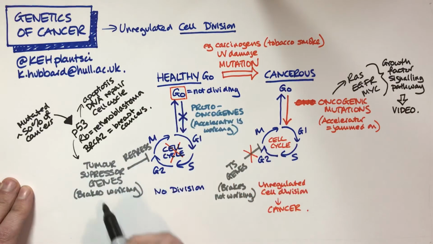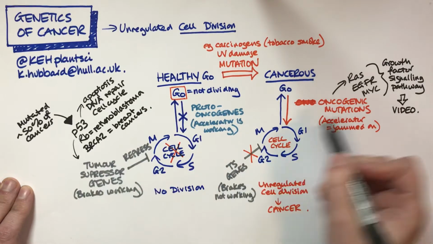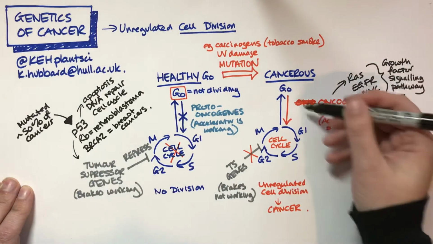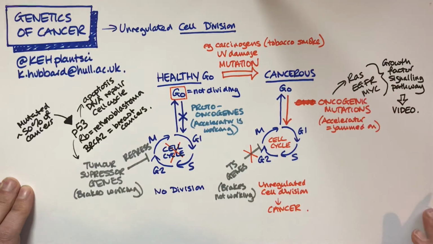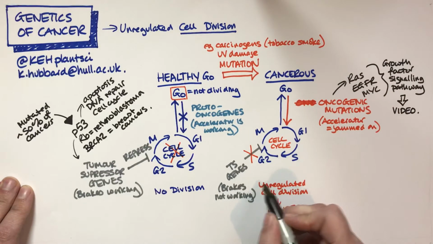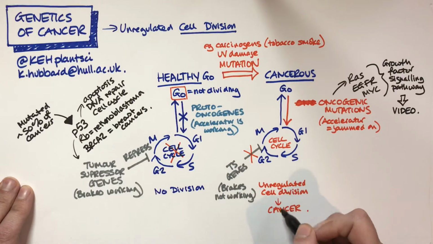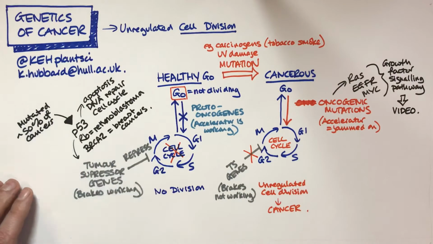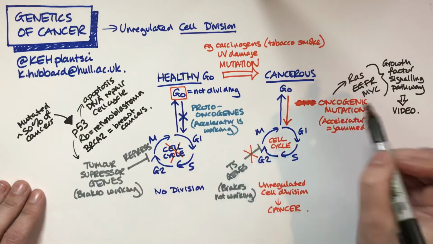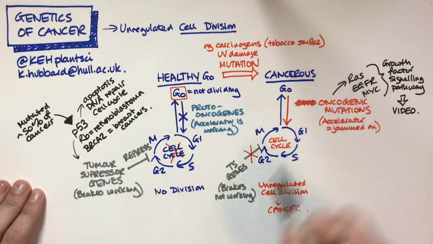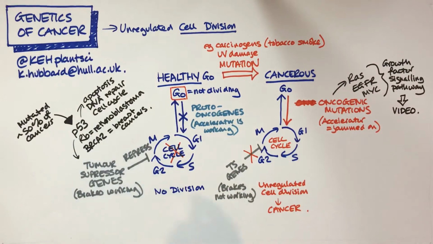Normally their job is to switch off the cell cycle, but if those get switched off and we have oncogenic mutations, so the G0 to G1 pathway gets switched on when it shouldn't, then we are more likely to get cancer. The more mutations that you have, the more different pathways that might be hit, but also you might go from a heterozygous to a homozygous situation.